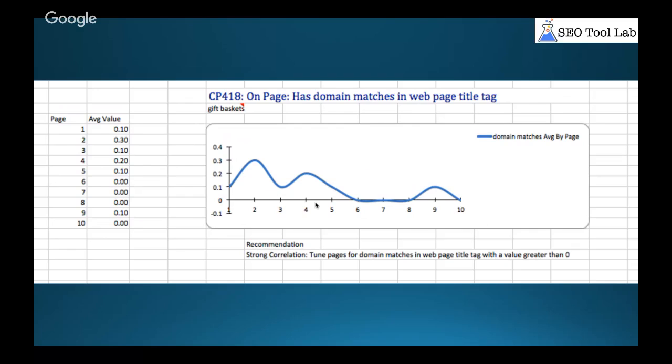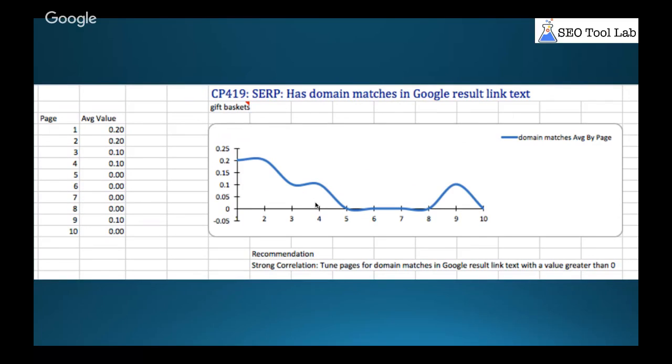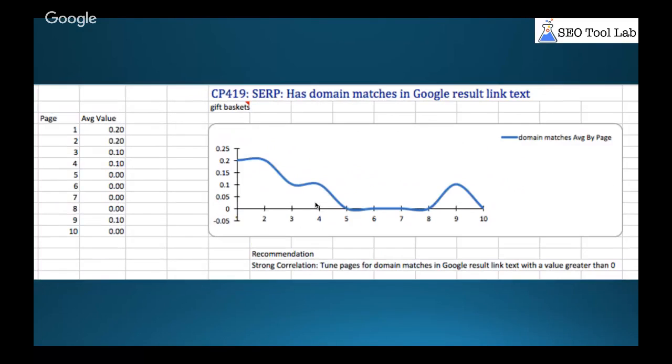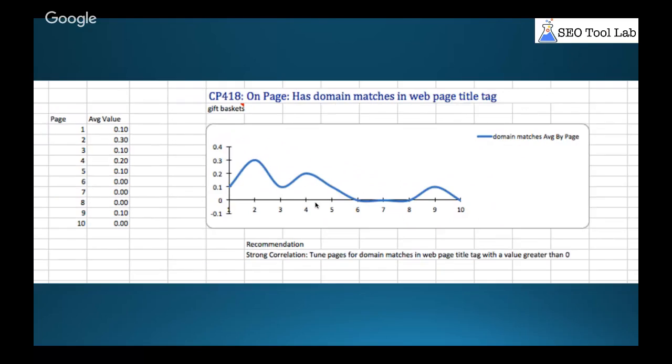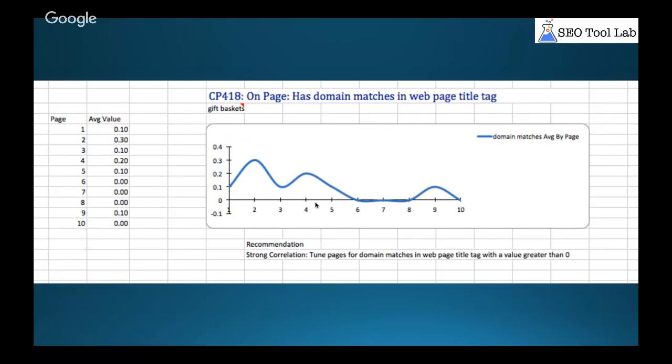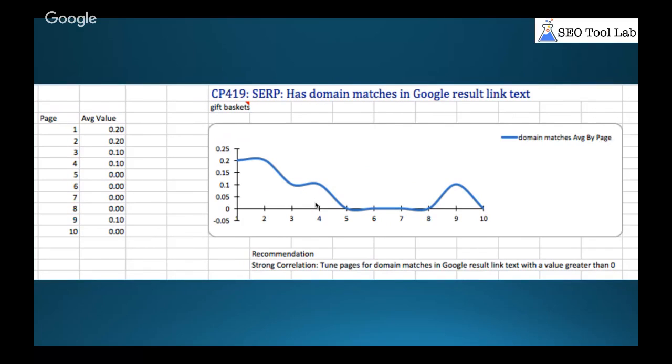If I flip back and forth, you can see that Google is filling in some of these with data. They're adding the brand or the domain name to the result, and thus we're seeing a lift in the graph.